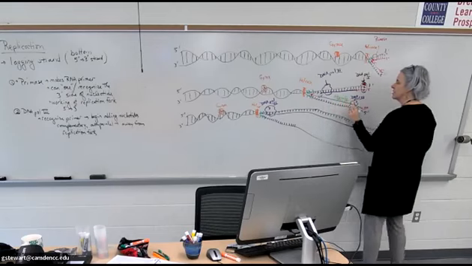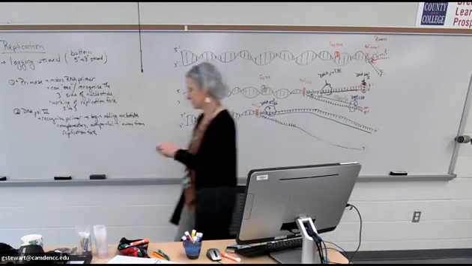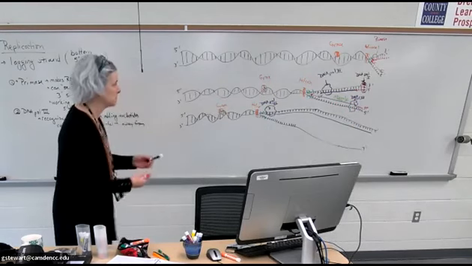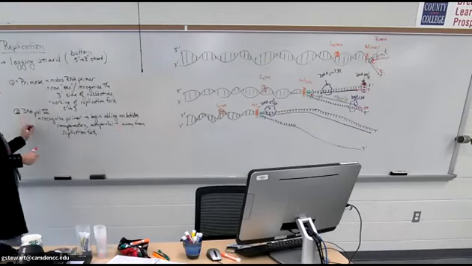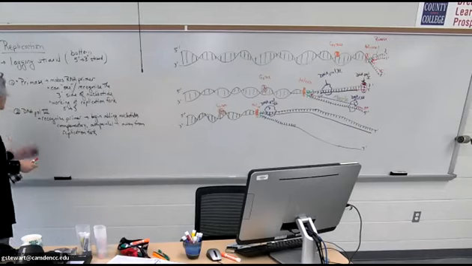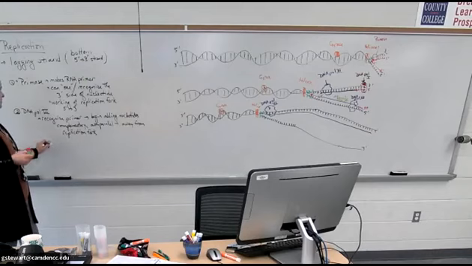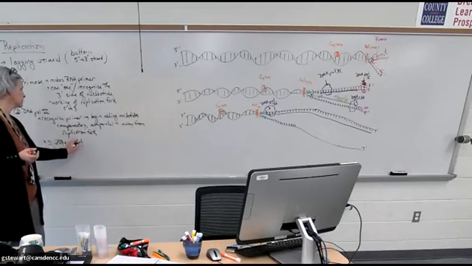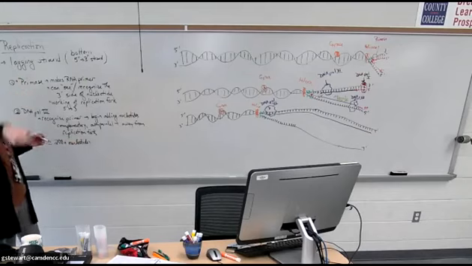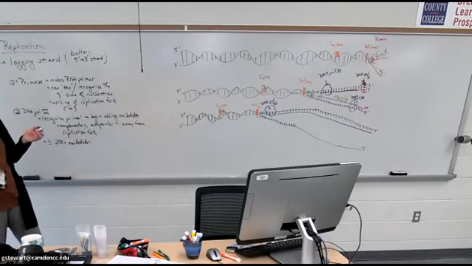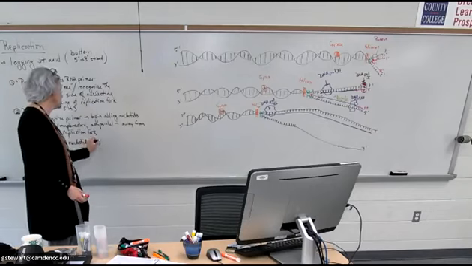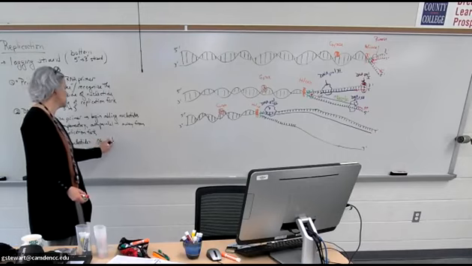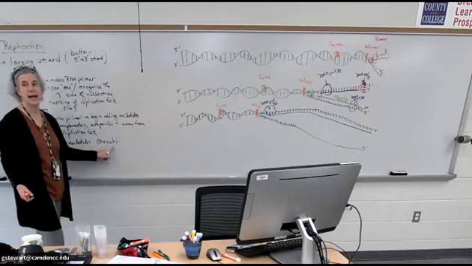And I'm going to call it Okazaki fragment A. They're in the neighborhood of about 200 plus nucleotides. So from the replication fork till DNA polymerase runs into the next primer, if it's still sitting there, that is called an Okazaki fragment.